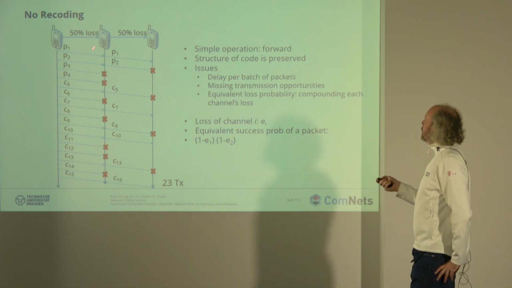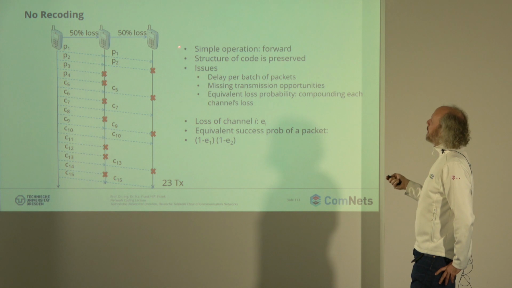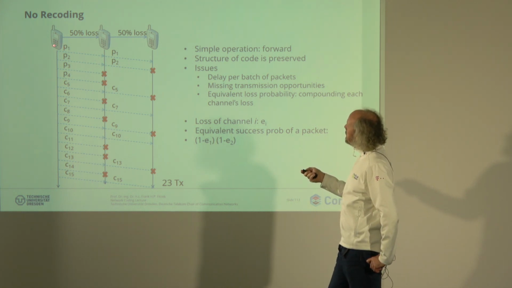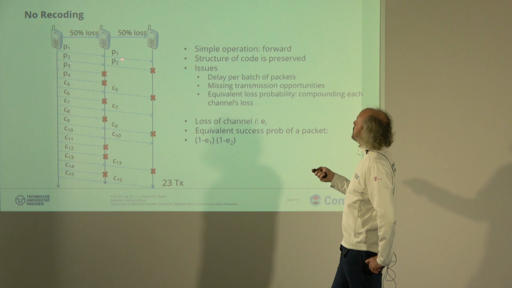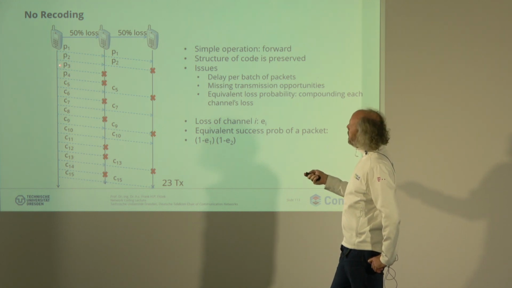So what you see here is we would like to transport a certain number of packets, 4 packets. So when we do it with no recoding, just forwarding the packet, which is the standard way in the internet, then you have one packet, send it over, he will receive it, he will forward it, everything's fine. Now we send it again, he also forwards it, oh, this time it just did not work. So then we do P3, did not work, P4 did not work.